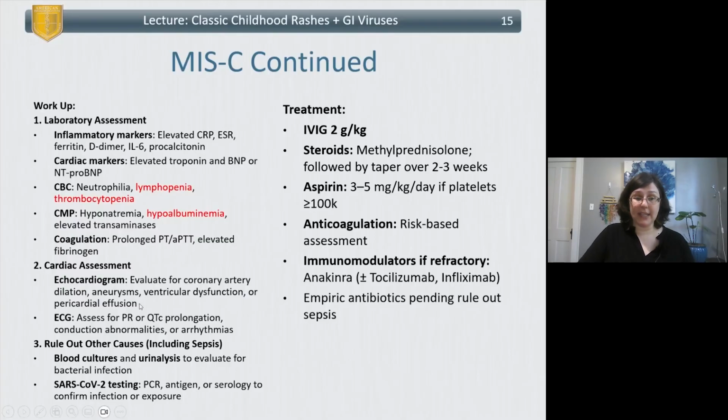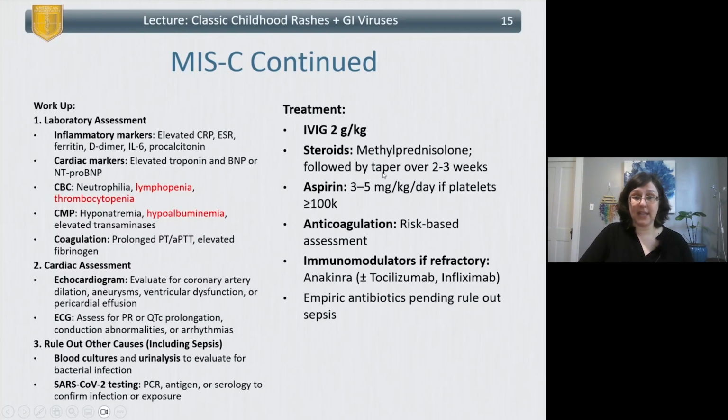We do a cardiac assessment, including EKG and an echo. Rule out other causes, because a lot of the time these children are presenting very ill. And so of course you want to make sure that they are not presenting septic. So you want to rule out any possible concurrent or infectious cause. And treatment is going to be similar to Kawasaki. It's going to be the same dose of IVIG.